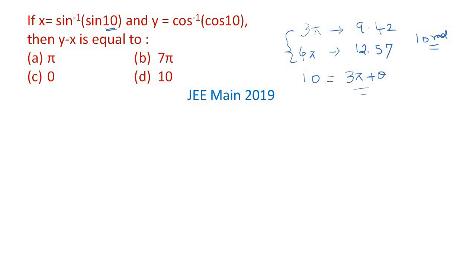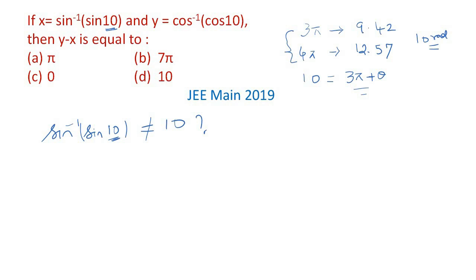Then sine inverse of sine 10, you can't simply write it as 10. You can write so provided this number which is coming here is within the restricted domain of the sine function.